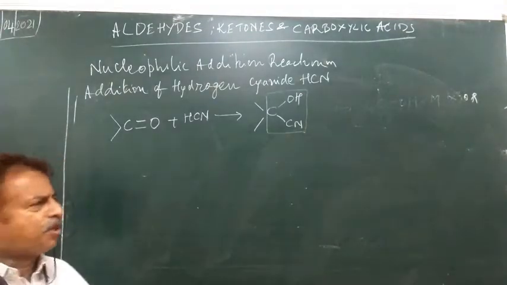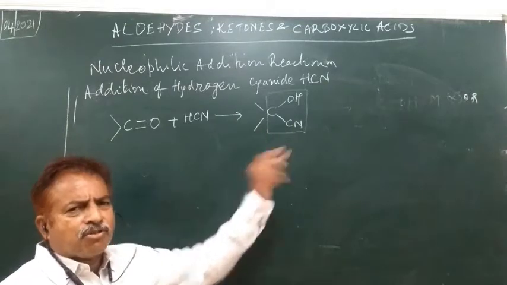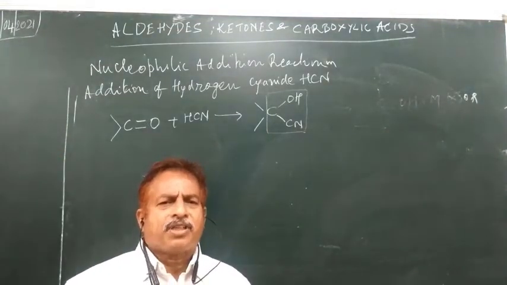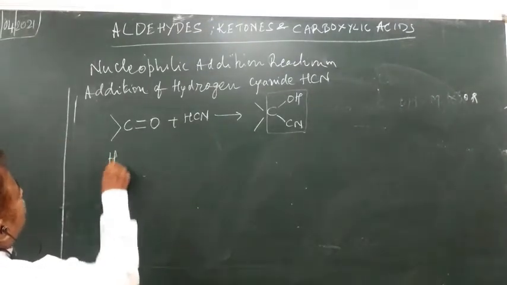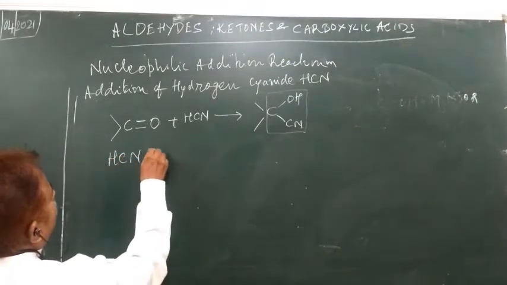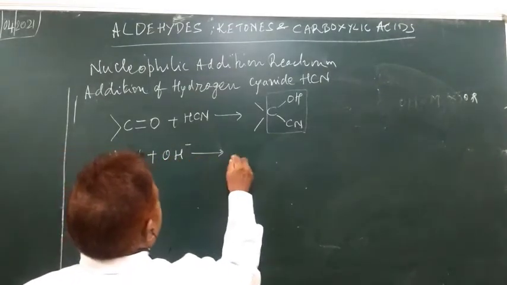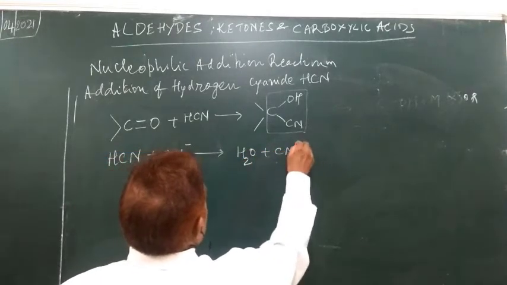In this reaction, the addition of pure hydrogen cyanide is a slow reaction. Therefore, the reaction is catalyzed in the presence of a base. HCN plus OH minus gives H2O plus CN minus.